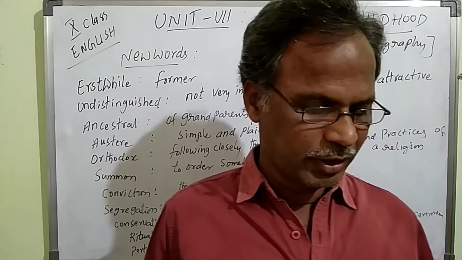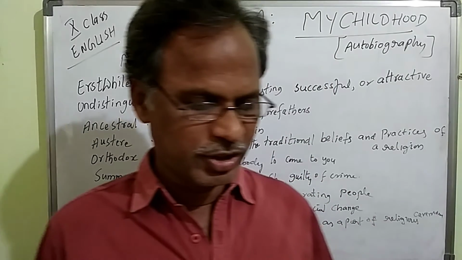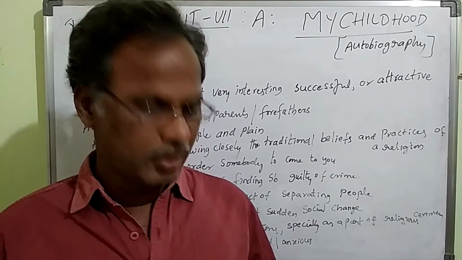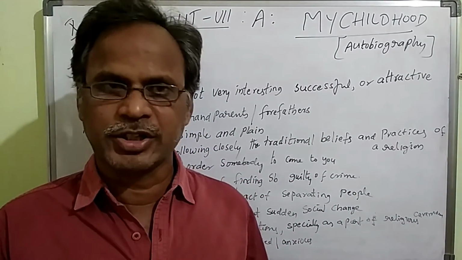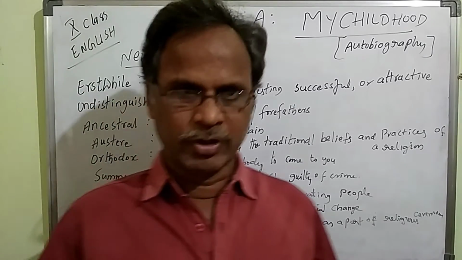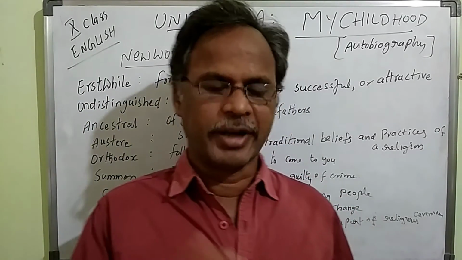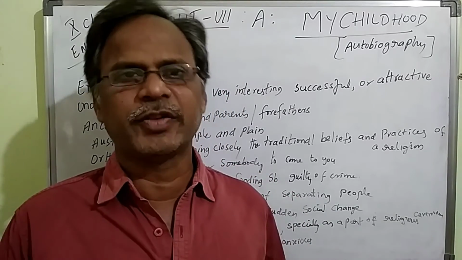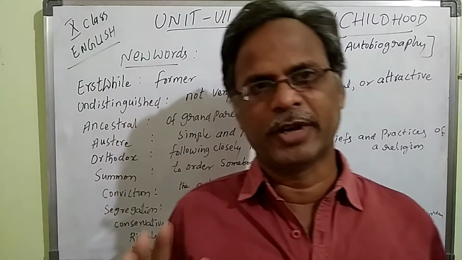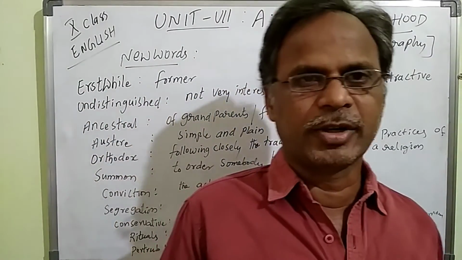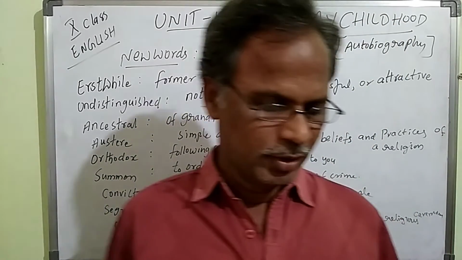My austere father used it to avoid all inessential comforts and luxuries. The opposite word of essential is inessential. You can also note it down, children, the antonym of that. Austere means very simple and plain. You have to pronounce it as austere.